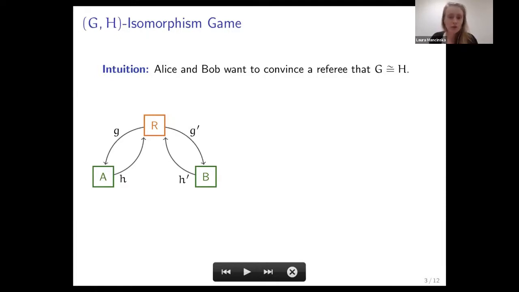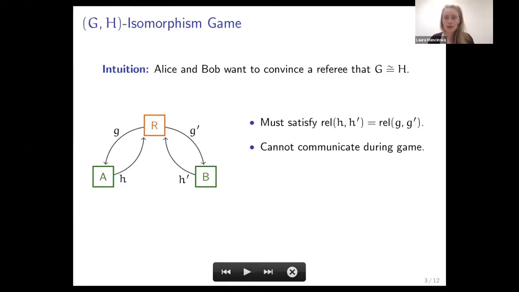Now in order for the verifier to accept, we want that the H vertices are related in the same way as the vertices from the graph G. What does this relation mean? If you take two vertices from a graph, they could be related in one out of three different ways. For example, they could be adjacent, or they could be the same, or they could be distinct and non-adjacent.